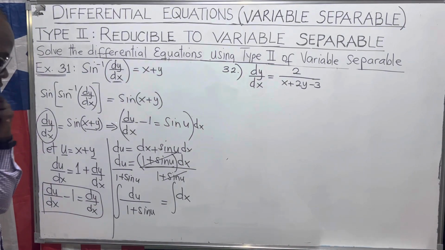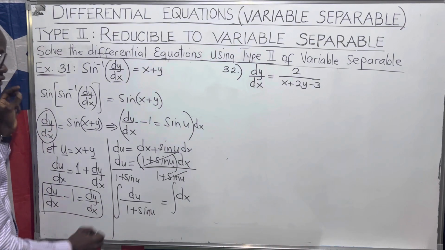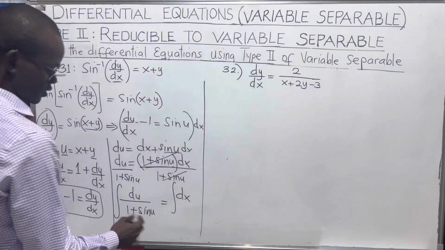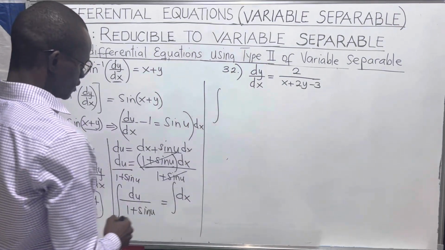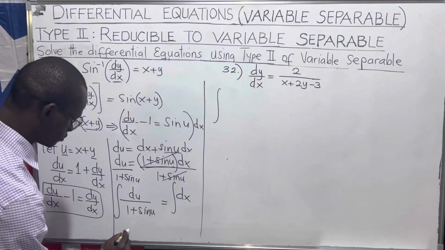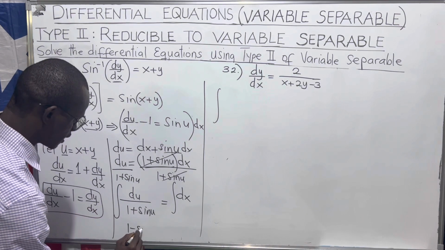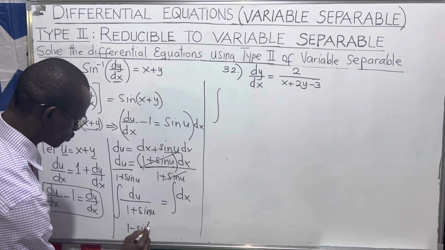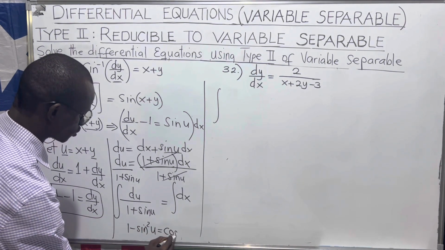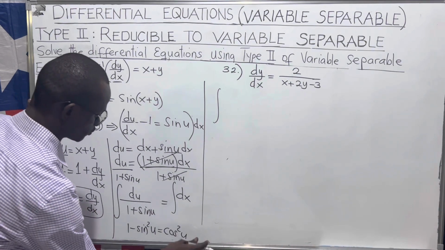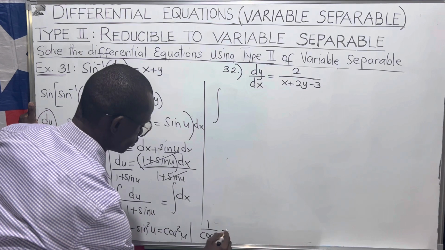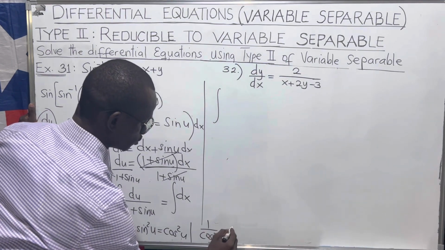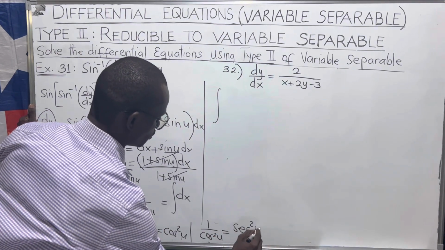We can integrate both sides. To integrate the first integral, we know that 1 minus sine square u is equal to cos square u, and 1 over cos square u is equal to secant square u.